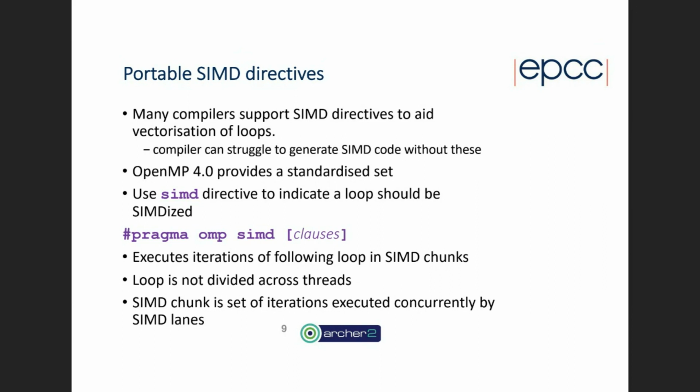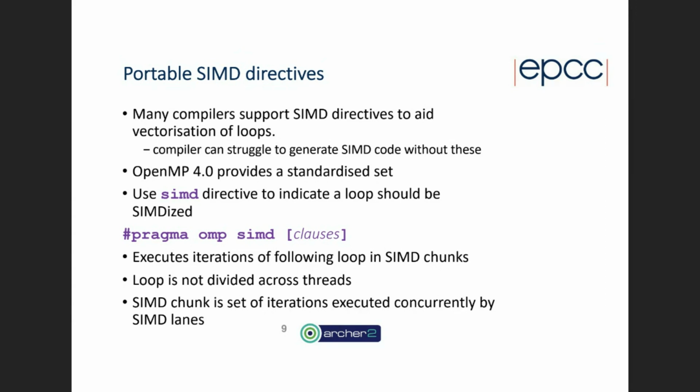So the basic directive is the SIMD directive, to indicate the loop should be SIMDized. It just looks like hash pragma OMP simd followed by a for loop, and that will execute the iterations of the following loop in SIMD chunks. So it basically tells the compiler to generate vectorized code for that loop. It doesn't divide the loop across threads. It just does the vectorization.